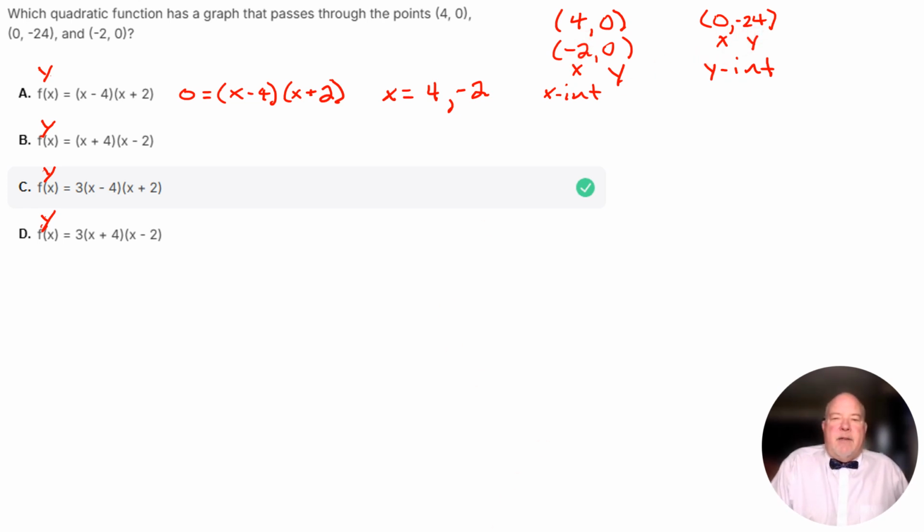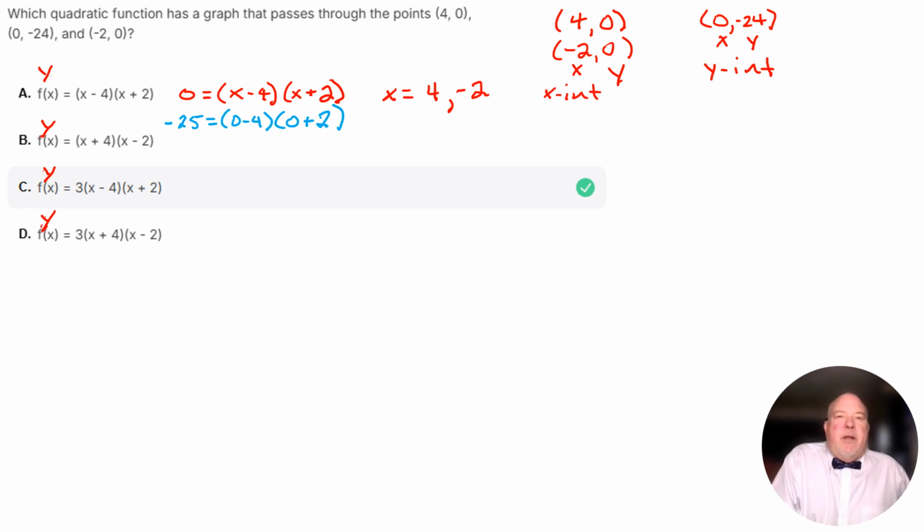Now let's check the y-intercept. For the y-intercept, I'm going to plug in the y value, which is -24, and for the x value, I'm going to plug in 0. So I would have 0 minus 4 times 0 plus 2. 0 minus 4 is -4, 0 plus 2 is 2, and multiplying those you get -8.